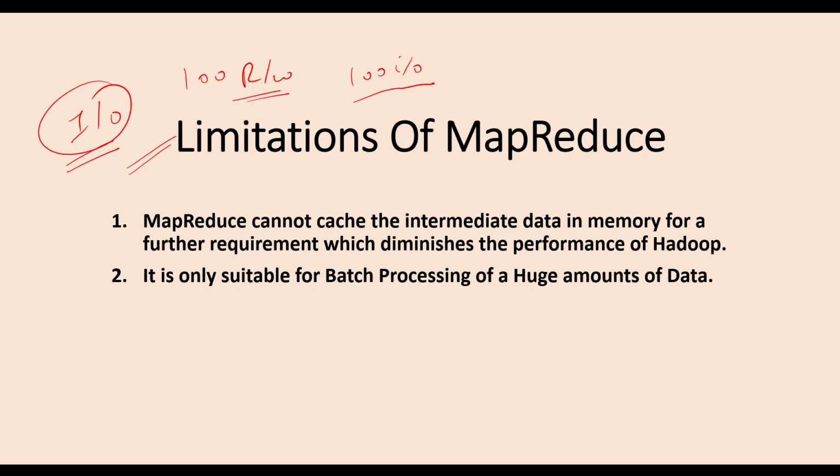Another limitation is that MapReduce cannot cache, or store, data temporarily for intermediate purposes, which further diminishes performance. In Spark, there is a capability to cache data.